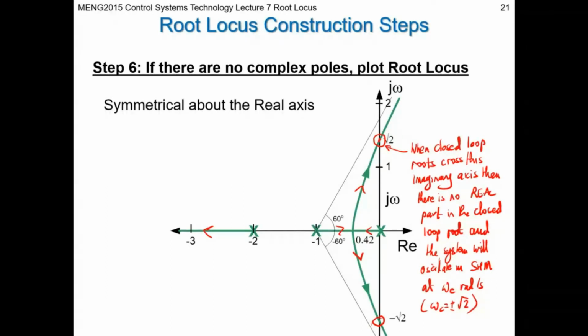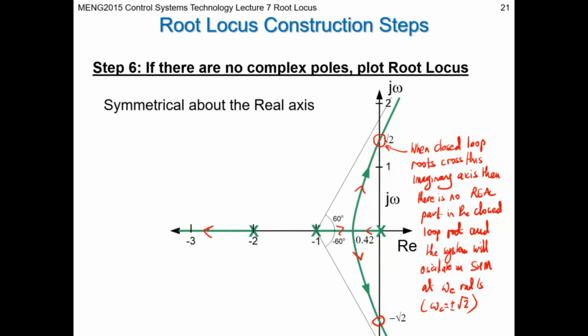So that's important to understand, that the point where the closed loop roots running along the locus cross that imaginary axis, there's no real part, so that means the magnitude of the response is not decreasing, because the exponential won't have a decreasing negative real part in the closed loop root. It's not increasing either, because it doesn't have a positive real part.